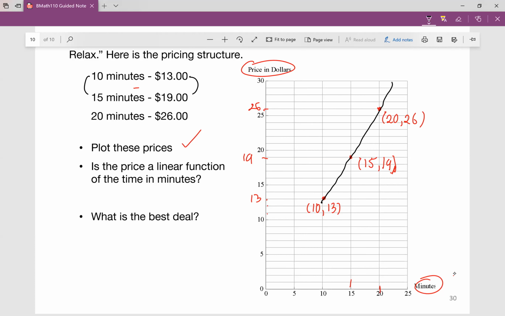I have an increase of 5 minutes, an increase of 5 minutes. This one is an increase of $6.